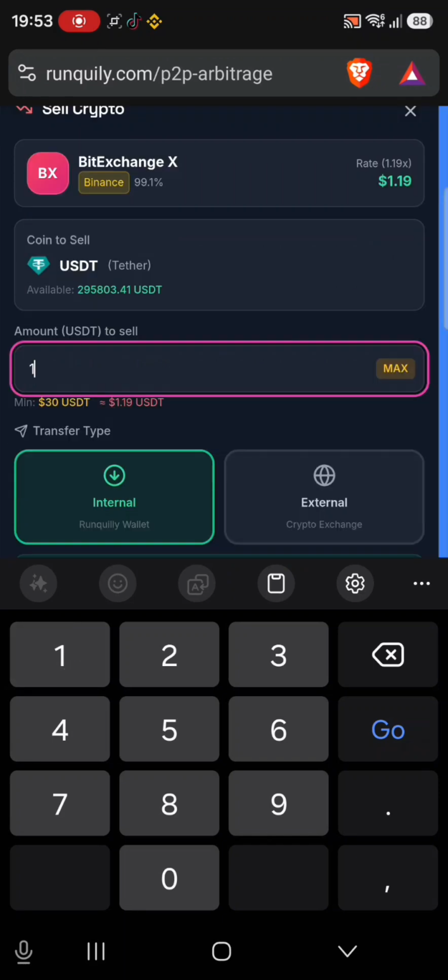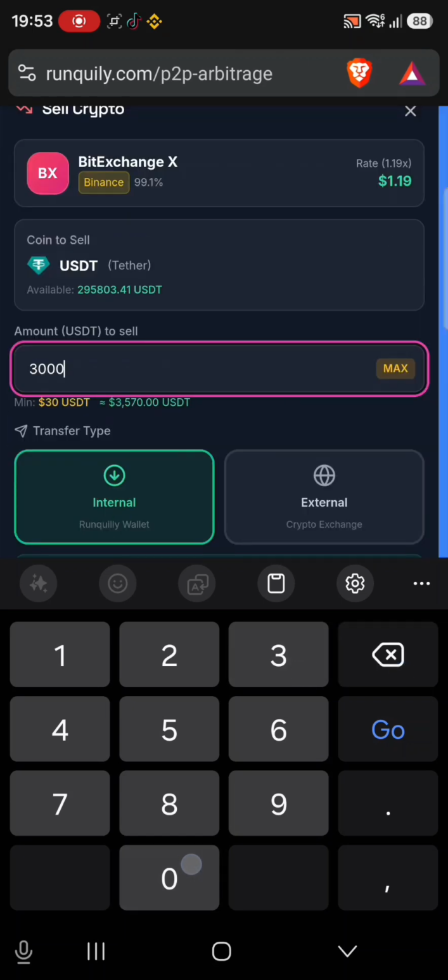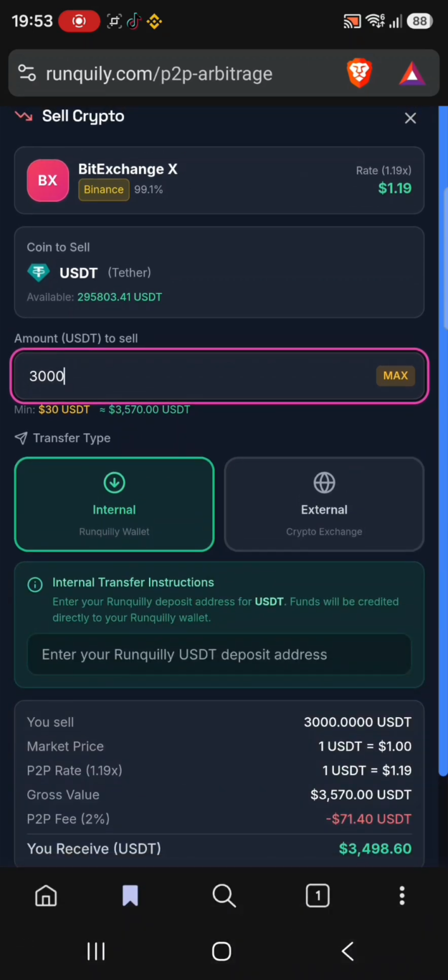So I'll just come and enter the amount, that is 1000 USDTs, or today we can do something special because we've made a lot of withdrawals. We want to recover. So I'll do 3000 USDTs. You can see the expected profit is 570, which means I'll be paid 3570. So 570 is my profit.